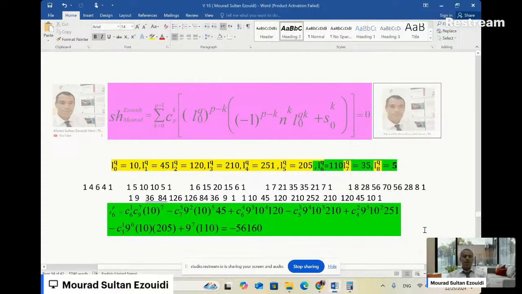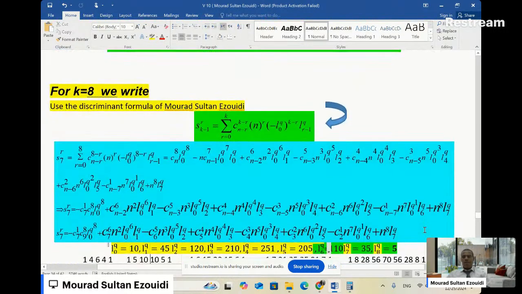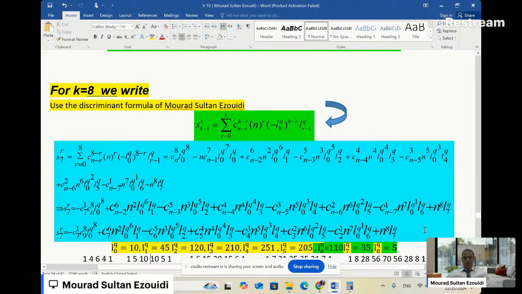Now to continue finding S7, I should put k equal 8 in the general formula.